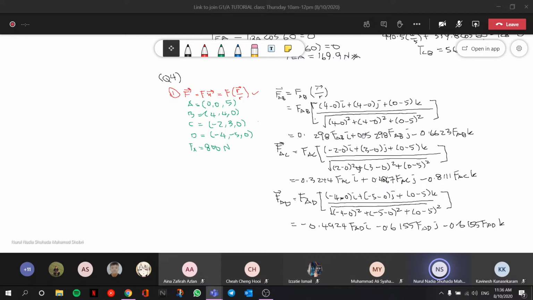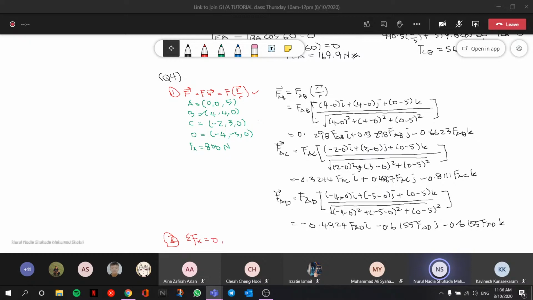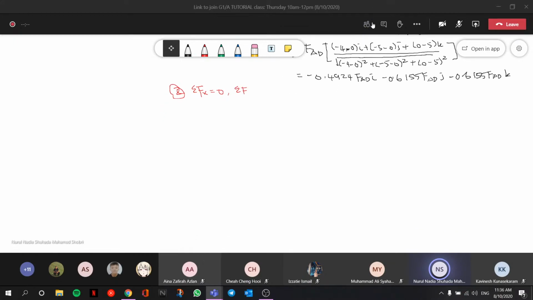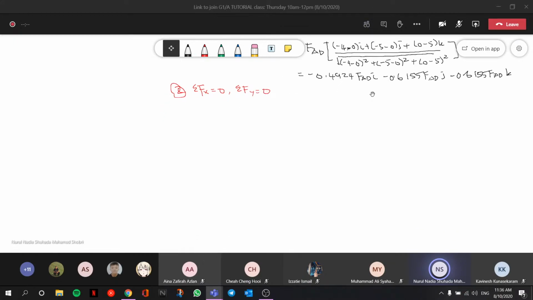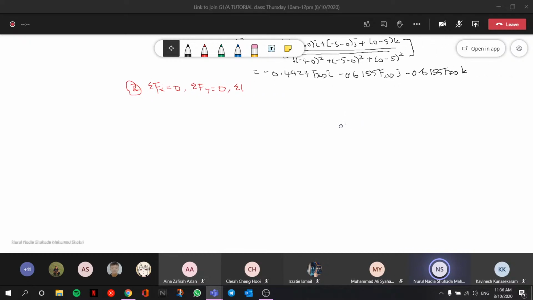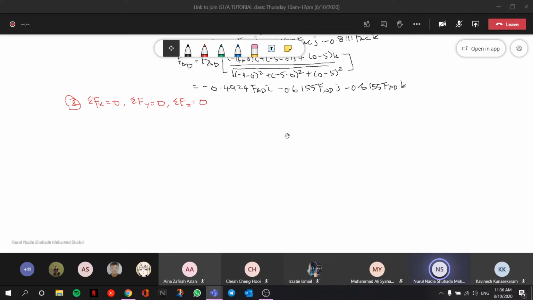So in order to find the tensions, we have to go to the second step, where force in x, y, z direction should be equal to 0. Okay.